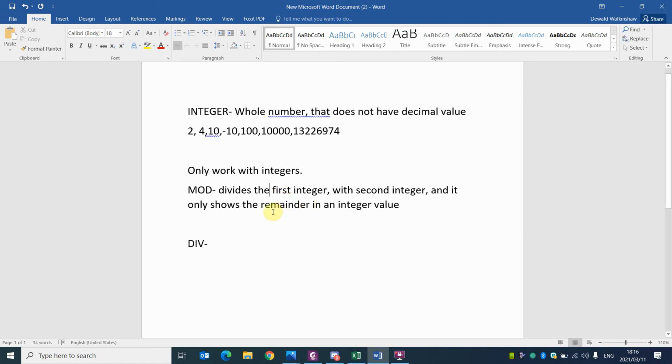So what this means is there are two integers that get divided, but it only shows the remainder. I'm gonna explain it a bit better in a second.